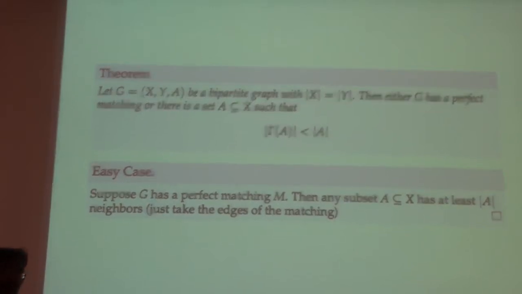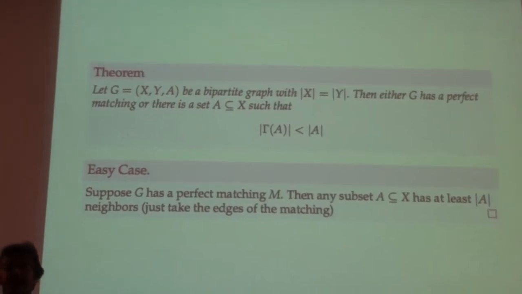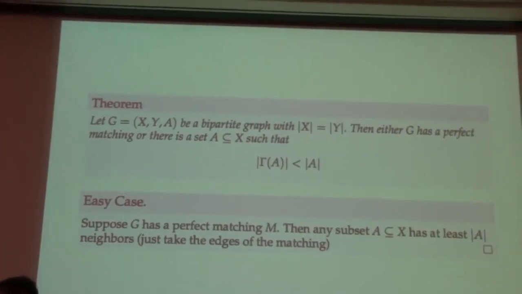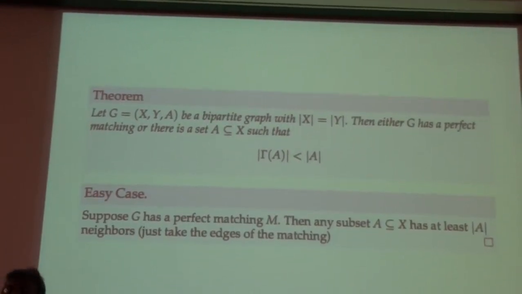There could be more. I don't know if there are, but I don't care. I'm done. If the graph has a perfect matching, then if you take any set on the left side and look at its matches, there will be at least as many things as this because it's a matching. I just take the match. So that's very simple. And the real question, of course, becomes what happens the other way?